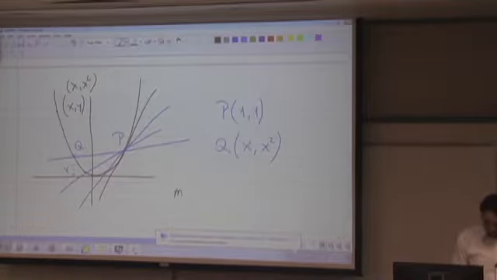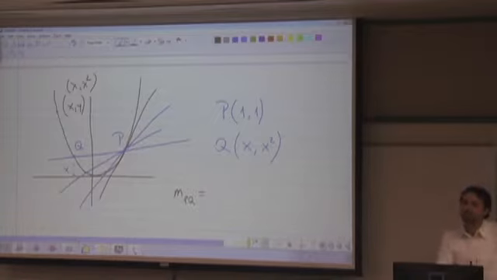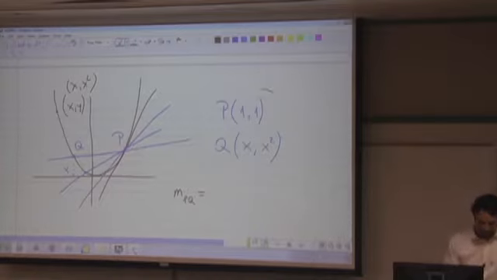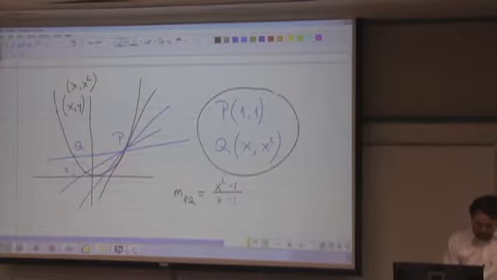So then, what is the slope m of PQ? What is the slope of the secant? X over x squared. Not quite. Be a little careful. What's the rise? What's the run? 1 minus x. X squared minus 1 divided by x minus 1, you say?